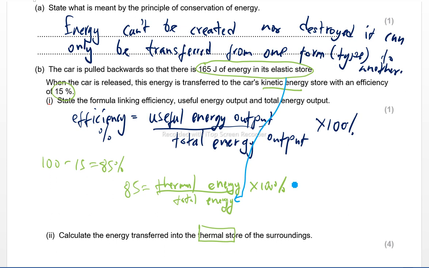Then just substitute into the sum and you'll get the answer. So I can write it as 85 equals, I'll write E thermal, divided by 165 into 100.